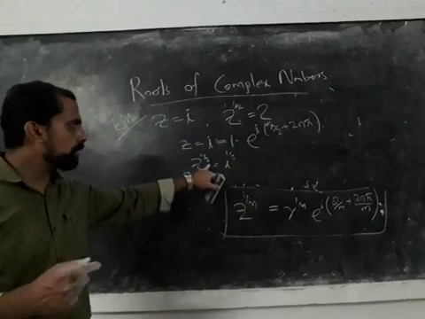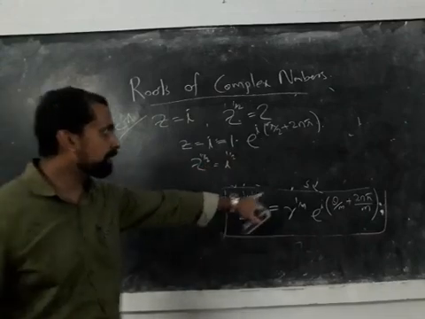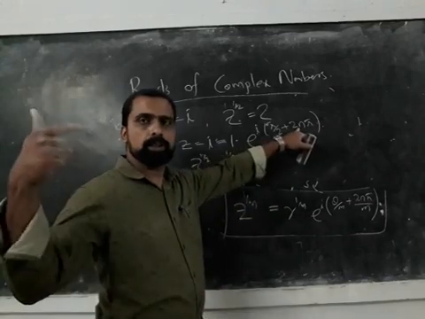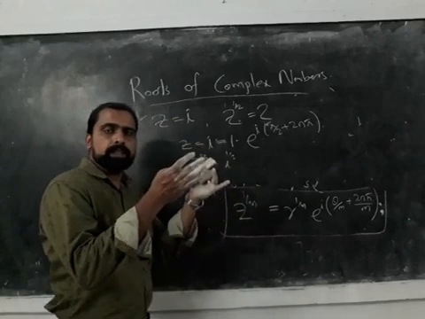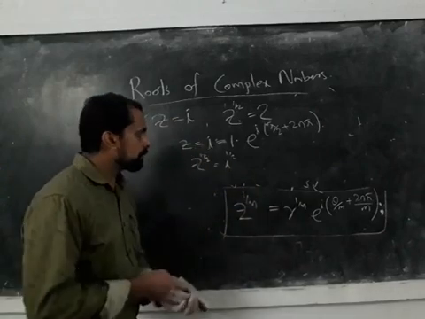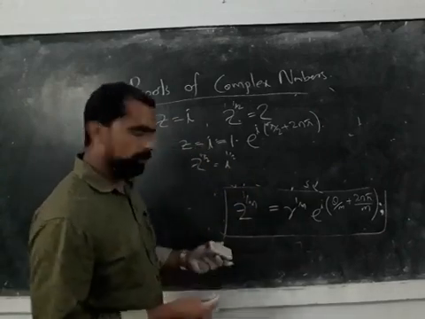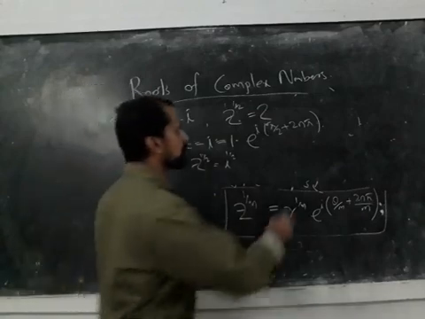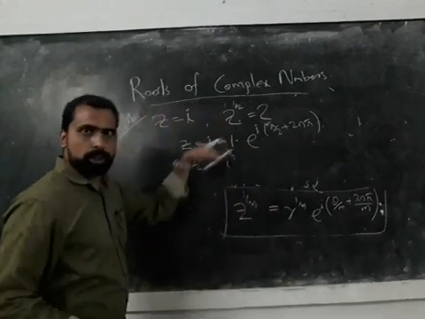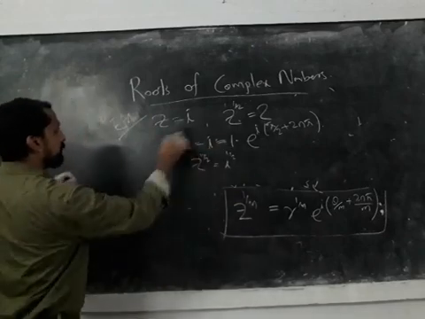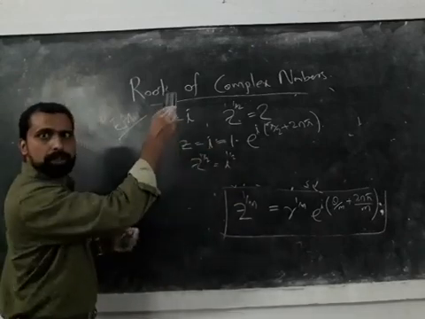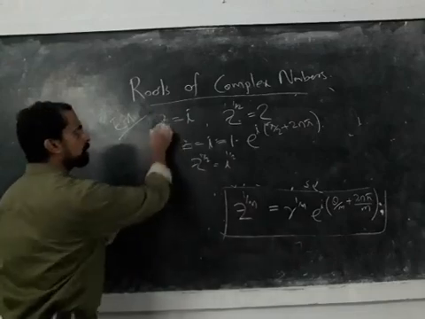So n will take the values 0 and 1, because it takes the values up to m minus 1. I don't know whether you can see it on the screen. I hope you wrote it. I will just erase it again because I have a lack of space on the board.